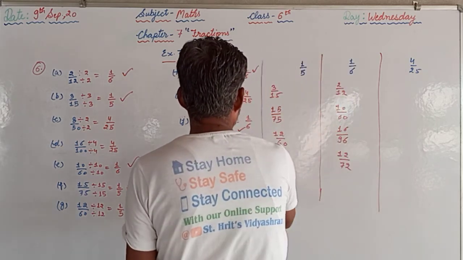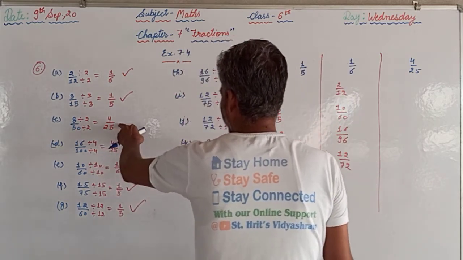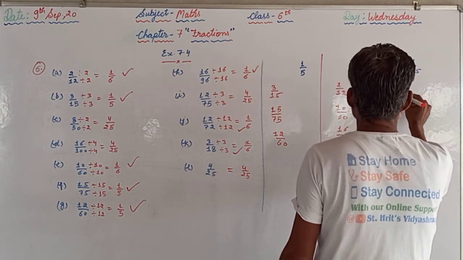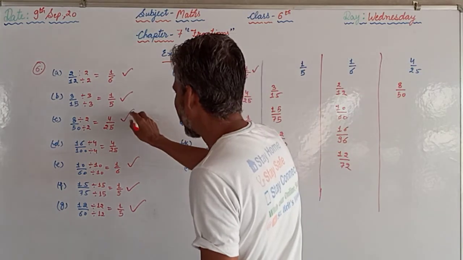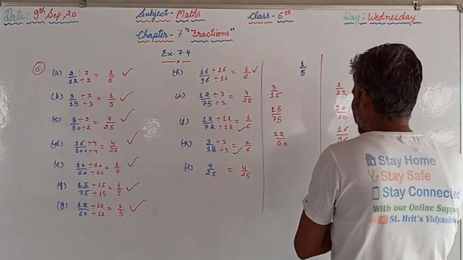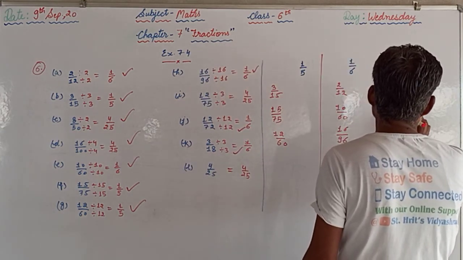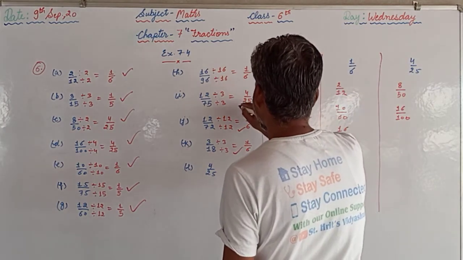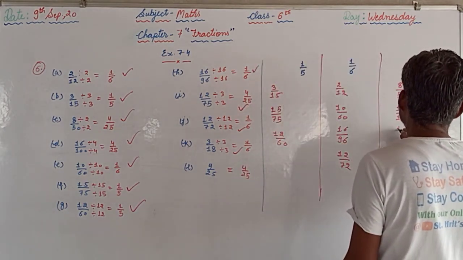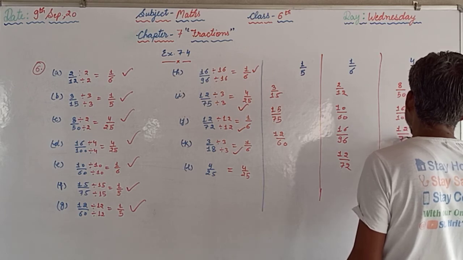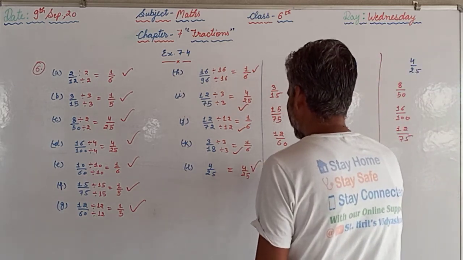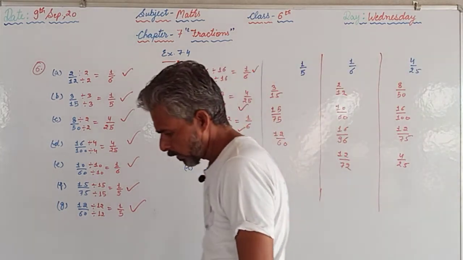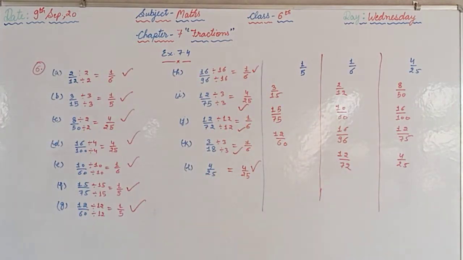Now completed. Now 4 upon 25, that is 8 upon 50. Afterwards 16 upon 100, then afterwards here 12 upon 75, afterwards 4 upon 25. So in this question we are supposed to proceed like this.